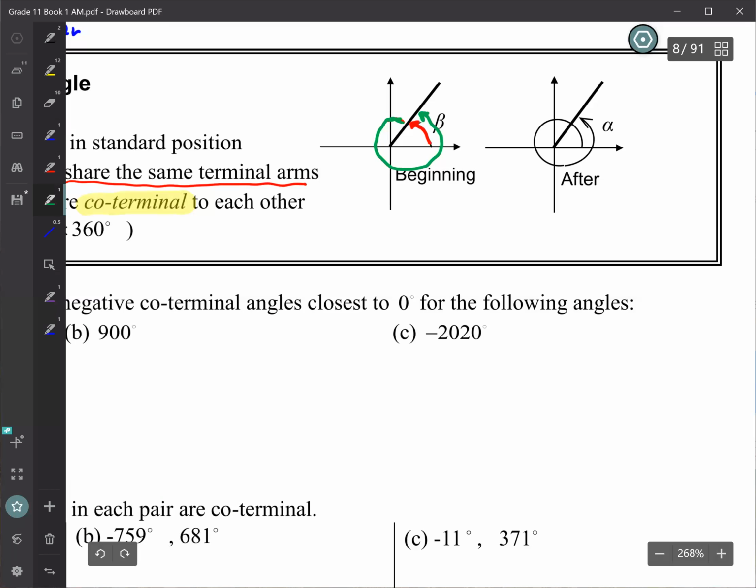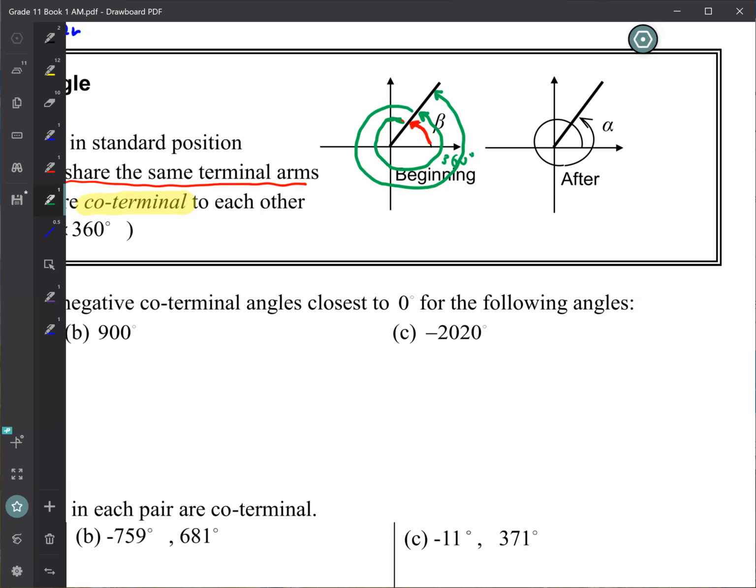A full turn is 360 degrees. I need to add 360 degrees. So if they are always 360 degrees apart, or if I want, I can add another circle. That's another 360, right? So all of them are coterminal.